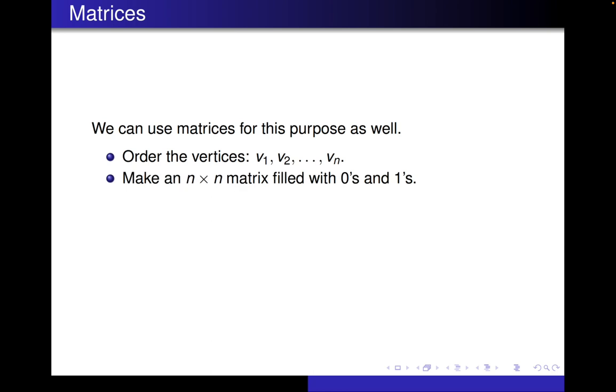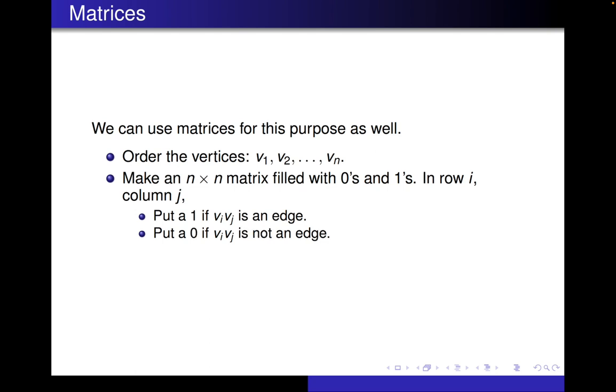Then, if we have n vertices, we're going to make an n by n matrix, meaning we have n rows and n columns, and we're going to fill each entry with either a 0 or a 1. If we look at a certain row, say row i, and a certain column, say column j, then if the pair Vi Vj is an edge, we're going to put in a 1. If the pair Vi Vj is not an edge, we're going to put in a 0.